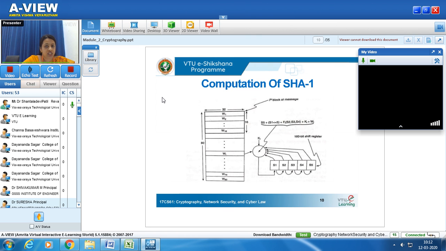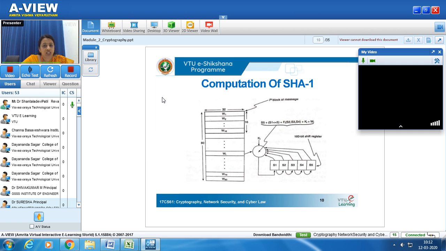Over here in this diagram, see that there are 80 words required for 80 rounds of SHA-1. Now word 1, word 2 up to word 16 is obtained directly from the message block, and each word is of 32 bits. Now there are 80 rounds, hence 80 words are required.